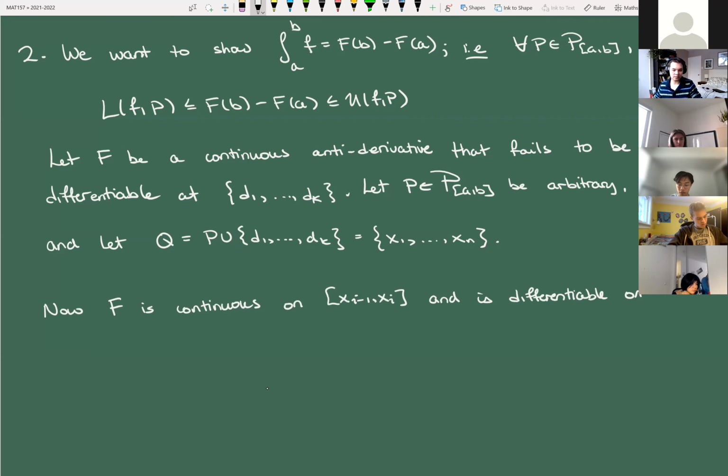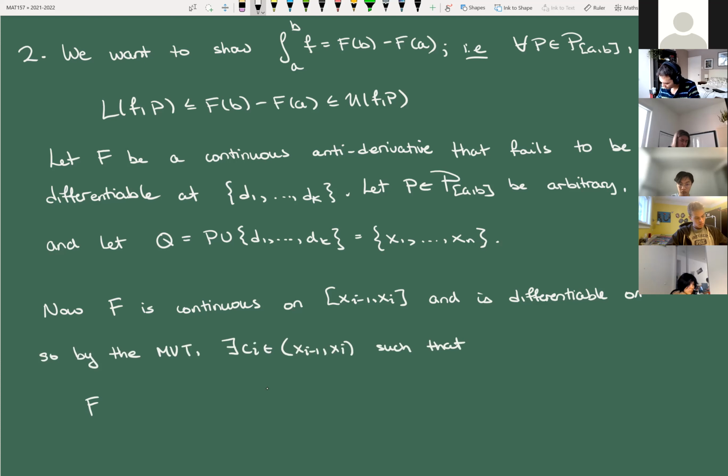What theorem am I about to use? I'll assume that was, yeah, exactly, MVT. So by the mean value theorem, there exists a c_i in (x_{i-1}, x_i) such that that's true, right?